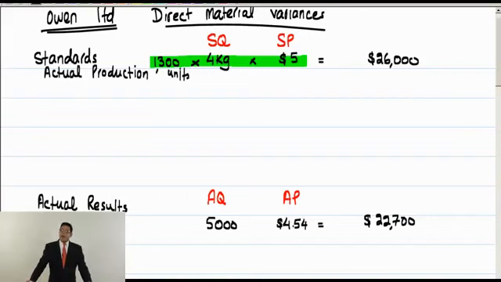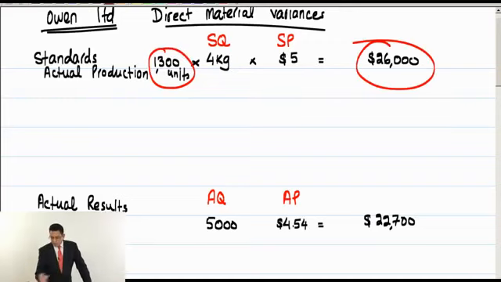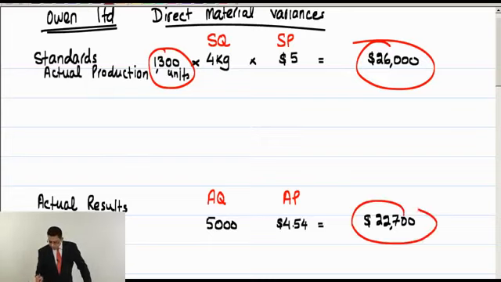Okay, and I think now it makes some sense, in a way that we are saying 1,300 units should have cost us $26,000 in materials, but 1,300 units did cost us $22,700, and here we can see some saving.